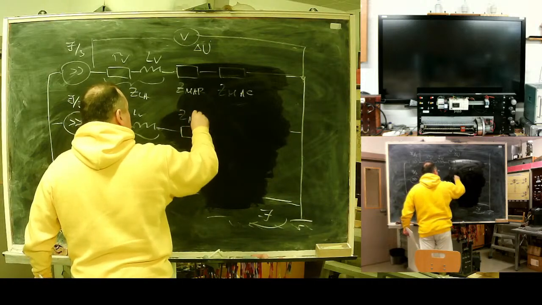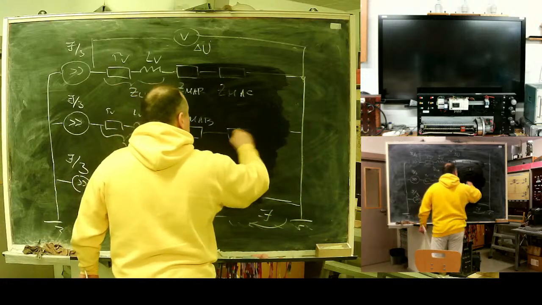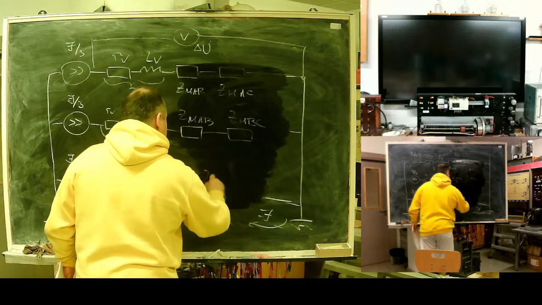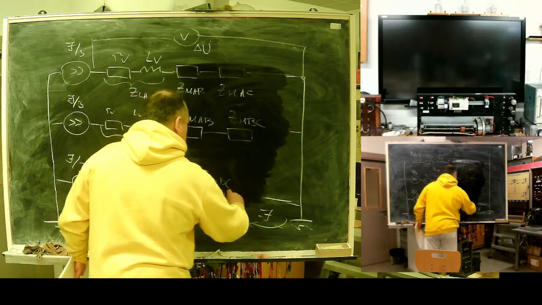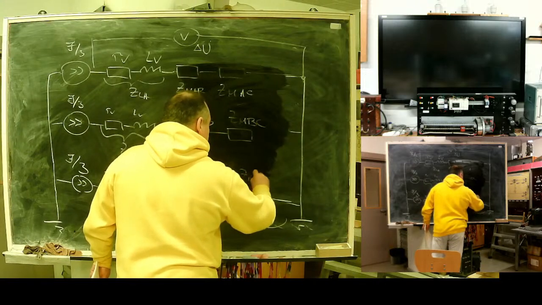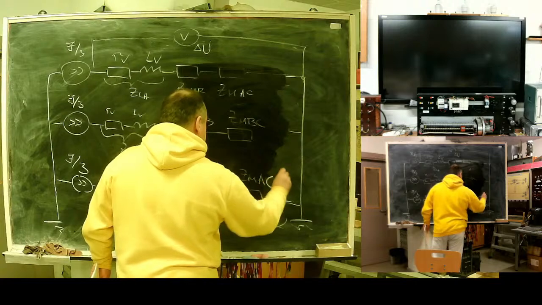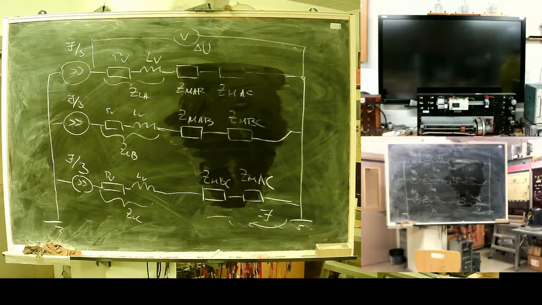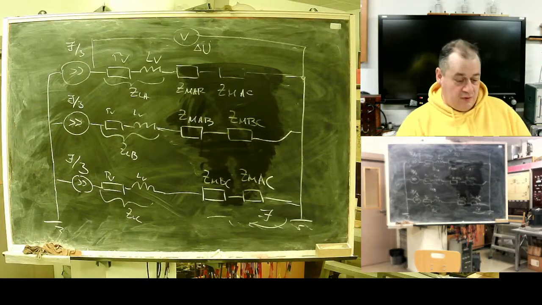Again, mutual AB, mutual BC, and here BC, and one more, AC. See what I did with my model? Carson's model allows me to substitute two wires over ground with wire self-resistance and move to our mutual resistance.